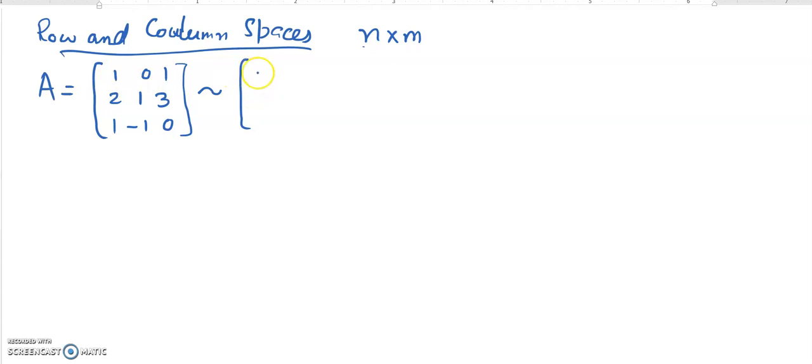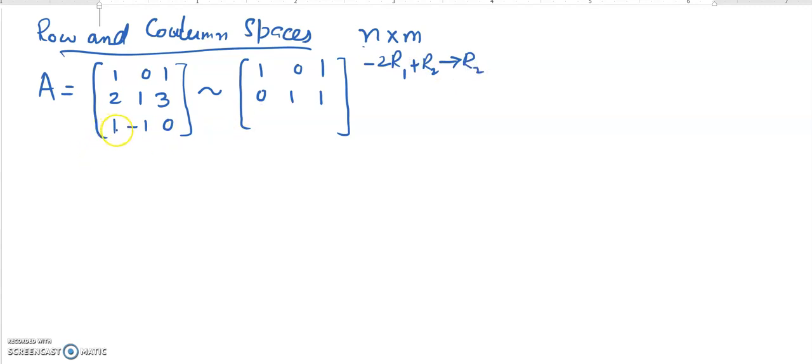So 1 0 1, and then 2 minus 2 will be 0, 1 minus 0 will be 1, 3 minus 2 will be 1. So the row operation is minus 2 times row 1 plus row 2, that is row 2.